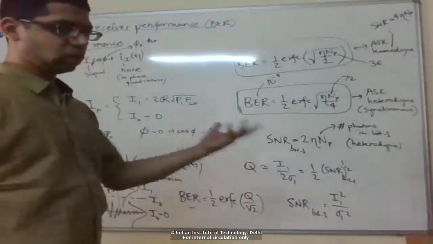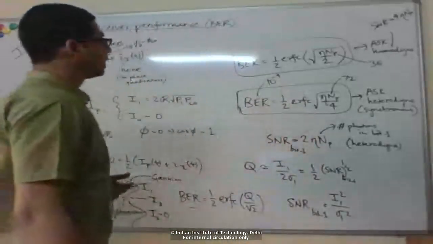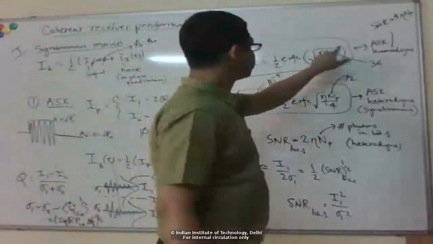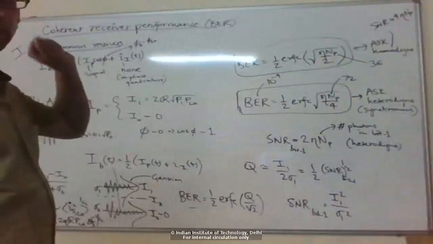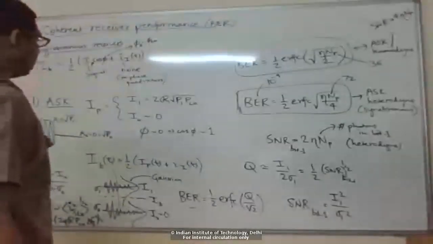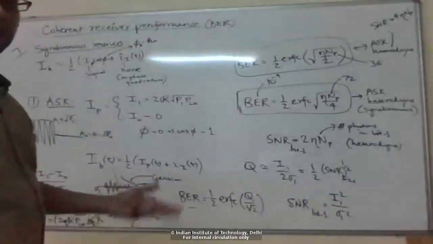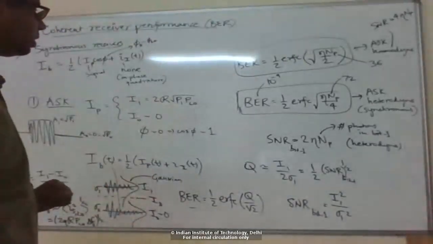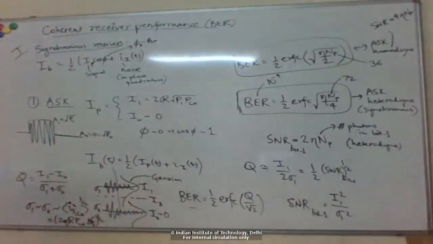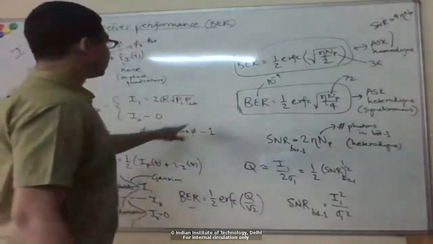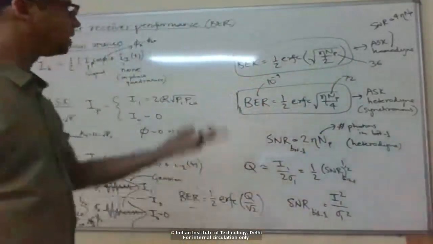You can use an APD to try to go into the shot noise limit, but that adds extra noise on top of the shot noise. If you were truly in the shot noise limit, it was the same expression we got for IMDD, which was practically not realizable. But here, with coherent detection, we can actually realize that sort of limit.